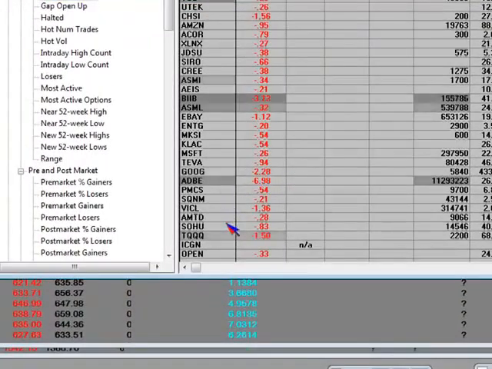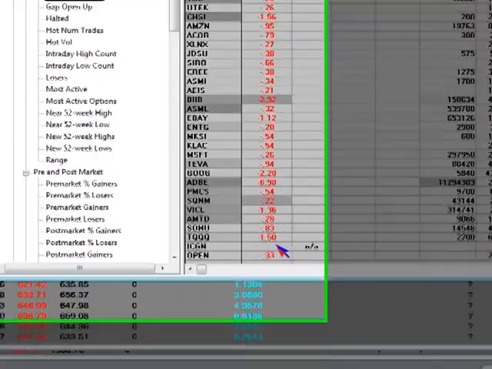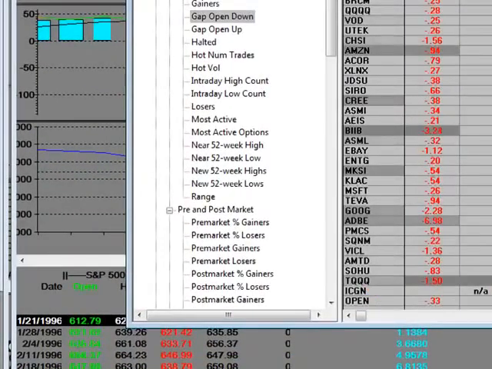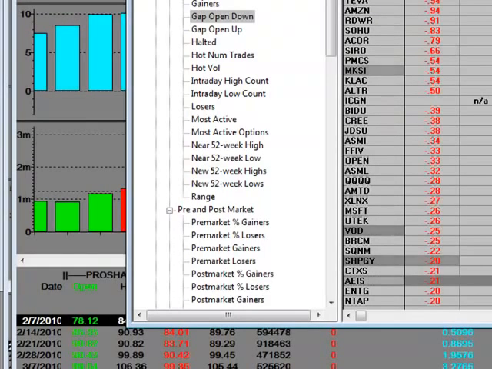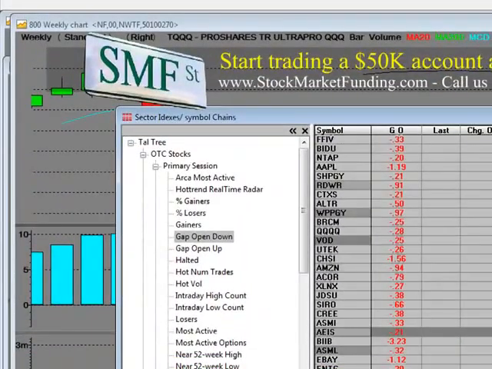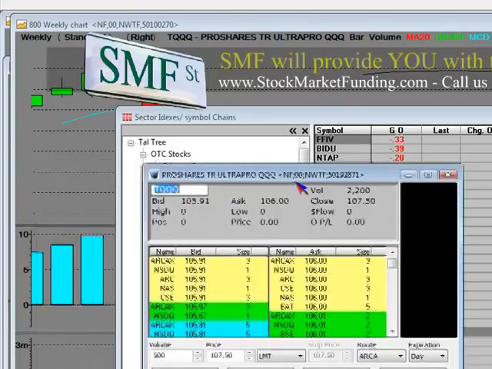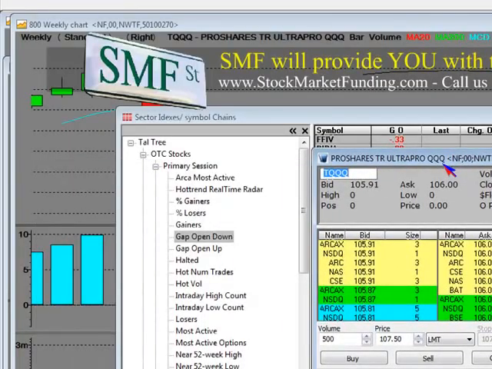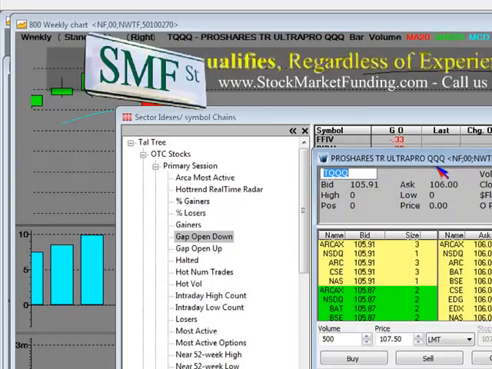Okay, we got this one here. What is that? It's your Ultra QQQs. That's gapping down. Only 22. TQQQ. That's this one right here. TQQQ. There it is. Okay.